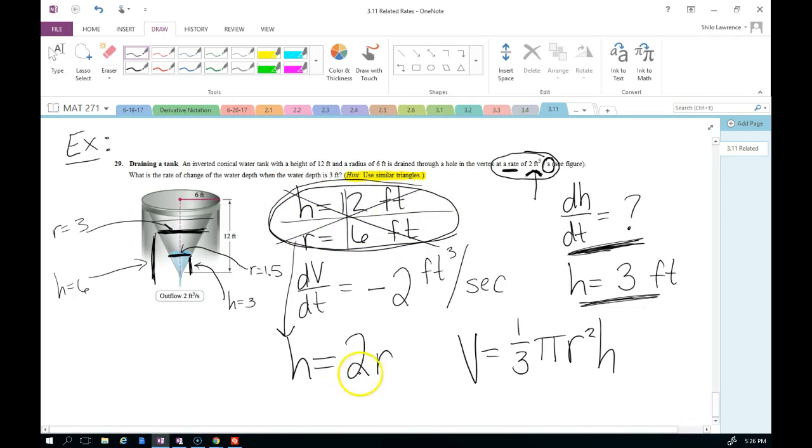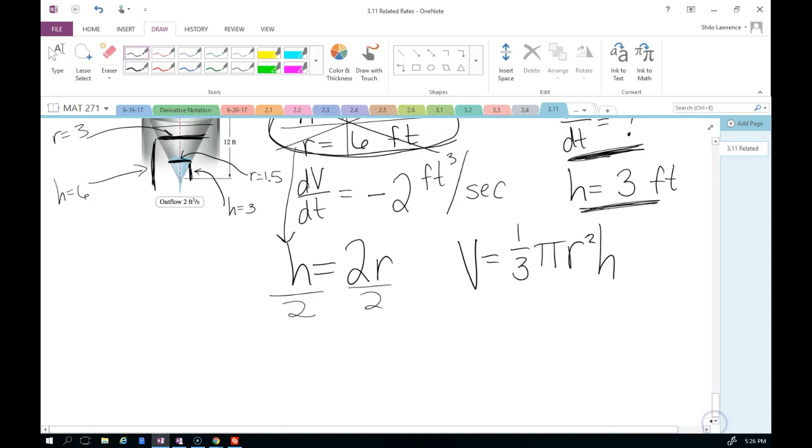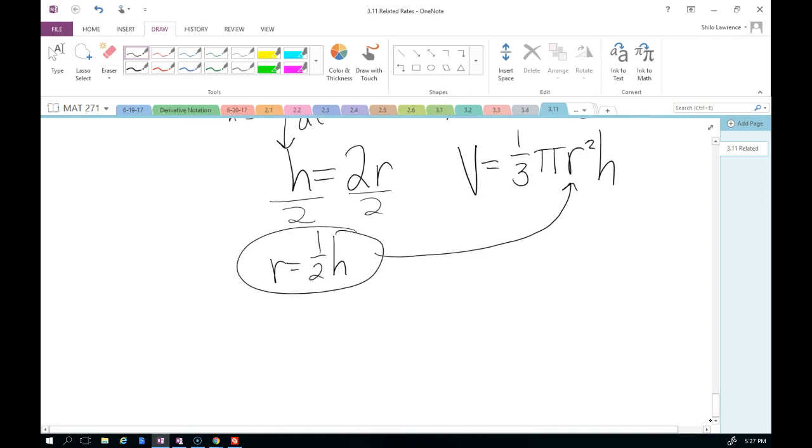So really, I want to divide that 2 over to the other side and say that r is always going to be 1/2 h. And I'm going to use that to replace r in my formula. So then I can have a volume formula that's all in terms of h. So volume is 1/3 times pi times 1/2 of h, squared, times h.